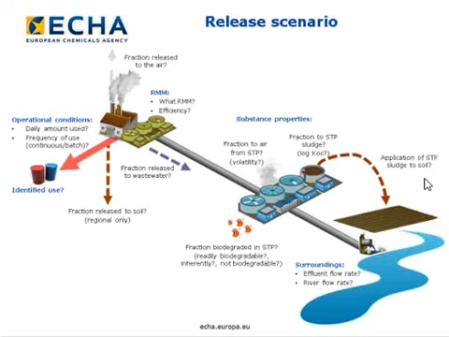In general, a similar scenario applies for widely dispersive uses also, where releases to water are assumed to be collected via the municipal sewage treatment plant system and again redistributed, with application of STP sludge to soil and release to water.